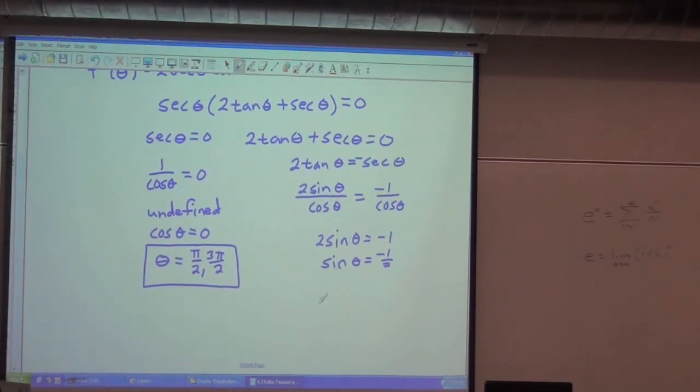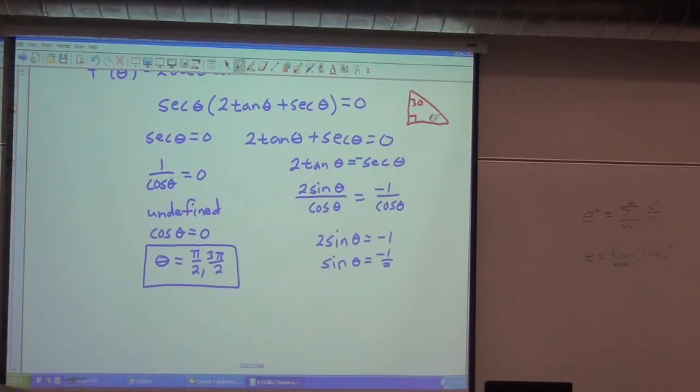Now here's where people who have the unit circle memorized have an advantage on me. I don't have it memorized. Sine is negative 1? No, I think negative sine is 1. I have to go through this.